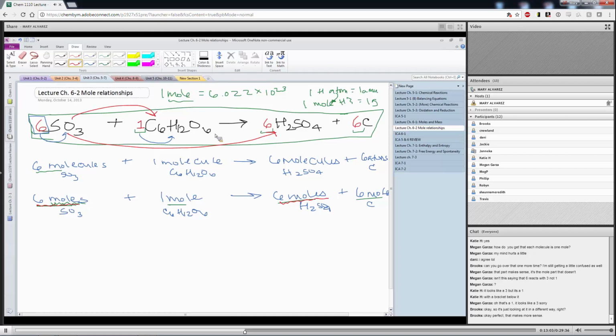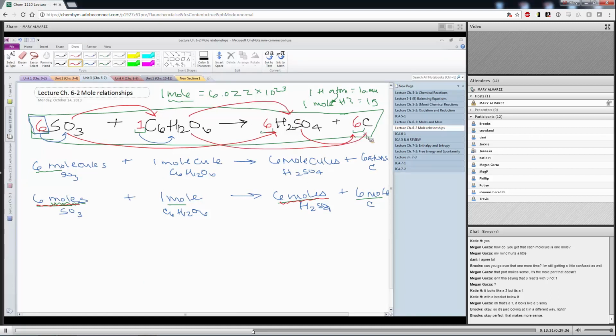There are other relationships we could say here. If I'm making 6 batches of H2SO4, then I know I will also be making 6 batches of carbon because they are created in exactly this ratio. Or if I'm using 1 batch of my C6H12O6, then I know I'm going to get 6 of those, or 6 of those.